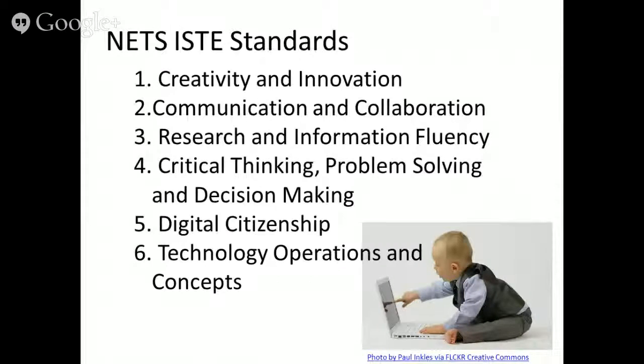And then I talked about digital citizenship, choosing the right photo, making sure that what you are using is appropriate to use and that you're giving the right attribution. And then, of course, number 6 is obvious, the technology operations and concepts. They need to know how to operate the computer, how to get around the web, and how to use ThingLink itself.